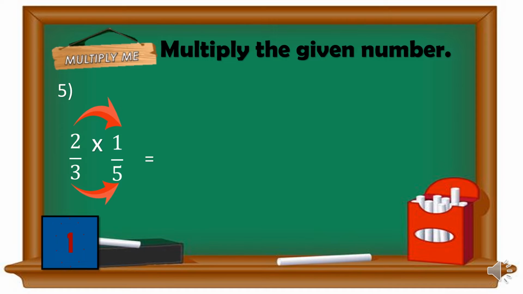We multiply the numerators and then the denominators. So we have 2 times 1 and 3 times 5. When we multiply 2 times 1, the answer is 2. And 3 times 5, the answer is 15. Okay, so did you get it, class?